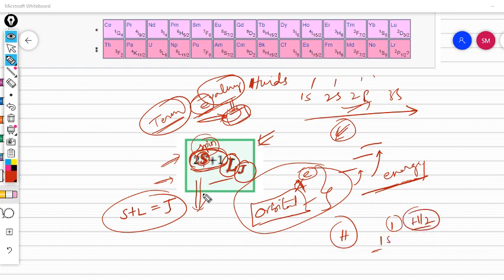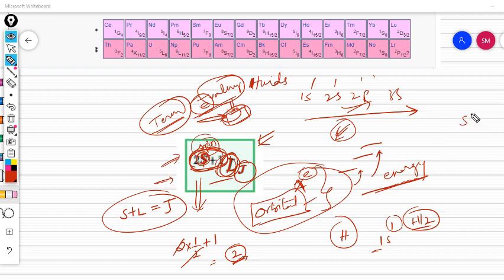So S is plus half, and 2S plus 1 is 2 times half plus 1, which is 2. So the superscript is equal to 2. Next, the L value: L is the orbital quantum number, which depends on the orbitals.